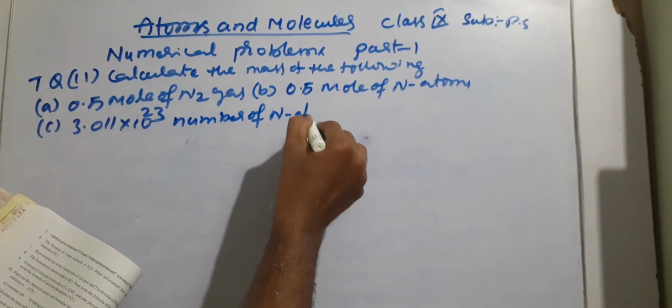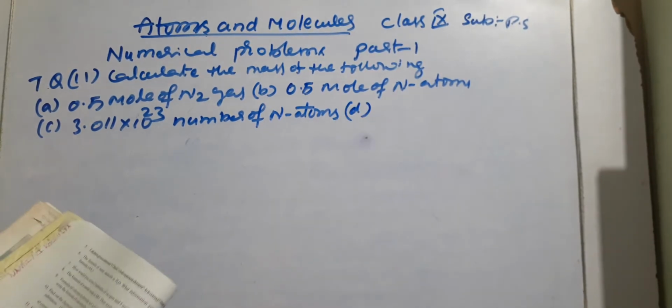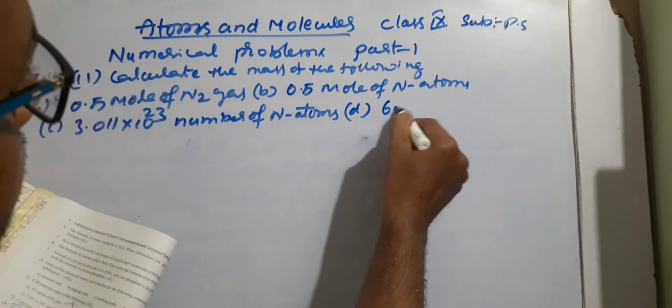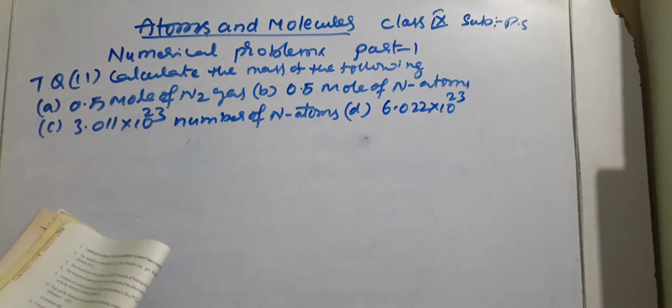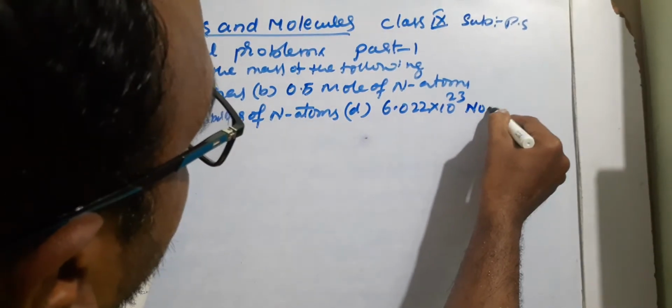Nitrogen atoms, children, N atoms means capital N. And question number D: 6.022 into 10 power 23 number of N2 molecules.